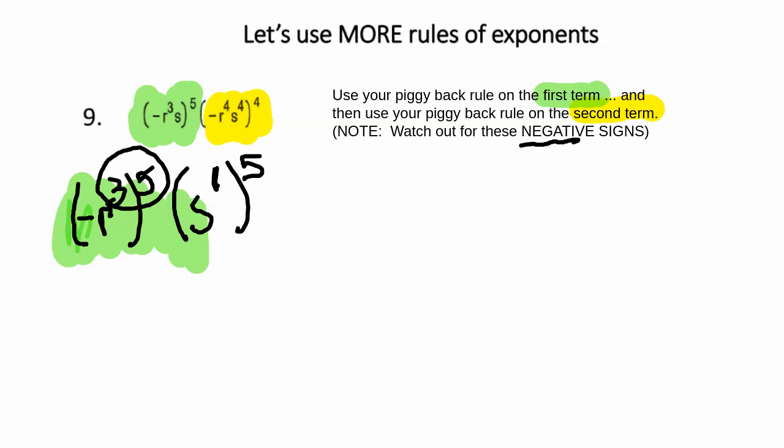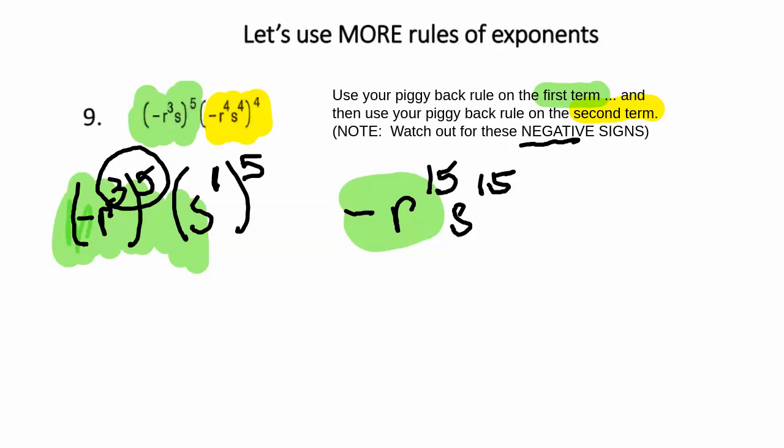This is saying I have 15 negative signs. Well, 15 is odd, so my green, which I'm going to write here, is going to give me a negative r to the 15th, s to the 15th.